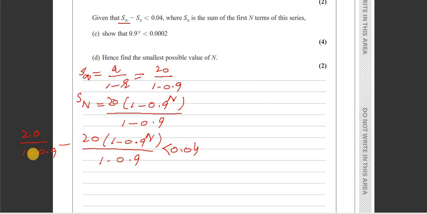This is the given condition, and the rest of the thing is all about your algebra. You need to simplify, multiply, and divide, and you need to simplify as much as you can. So 1 minus 0.9 is 0.1, and of course both denominators are same, so you can send 0.1 to the other side, and then you multiply this 20, so 20 will get cancelled.